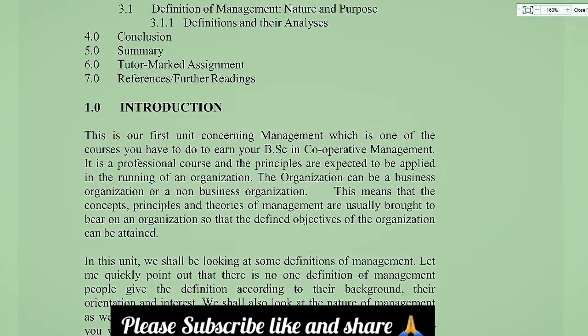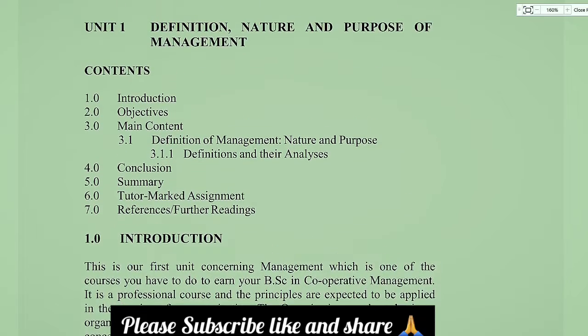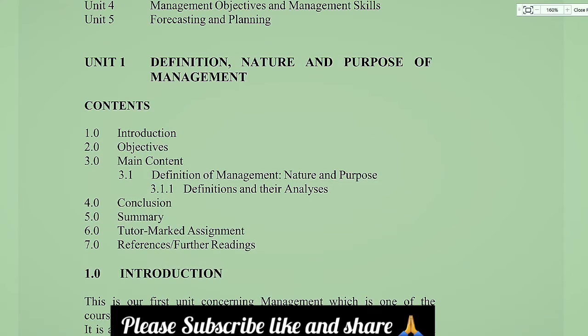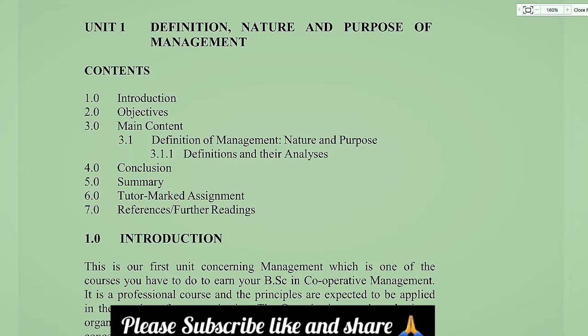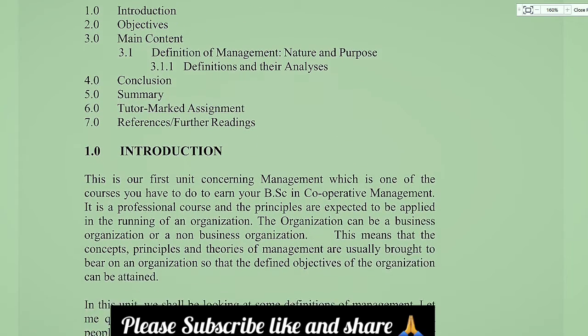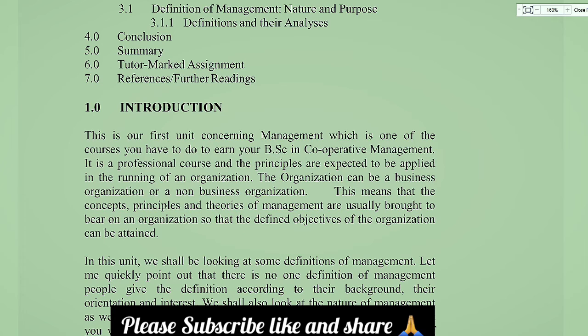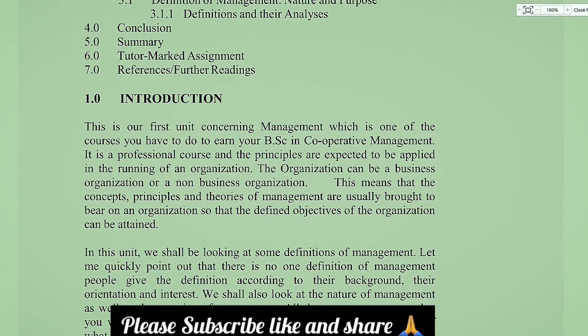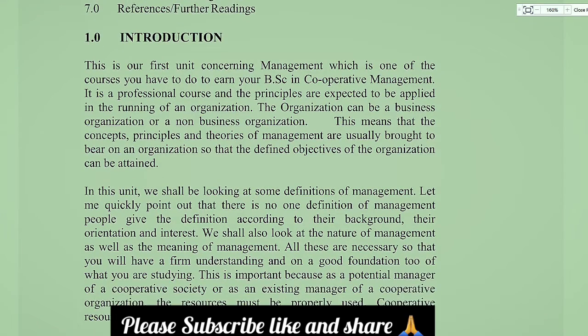We have the introduction. Unit 1: definition, nature, and purpose of management. We have the introduction, the objective, the main content, definition of management, nature and purpose, definitions and their analysis. So let's go straight into definition.